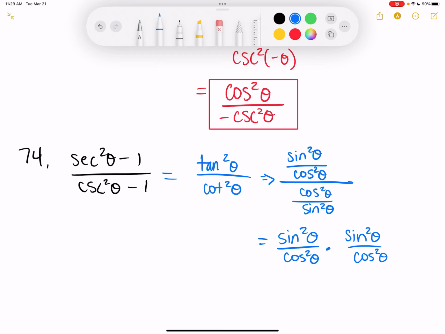Which is what? Not 1. Oh, wait, no, it's not. So this becomes sine to the 4th of theta over cosine to the 4th of theta.